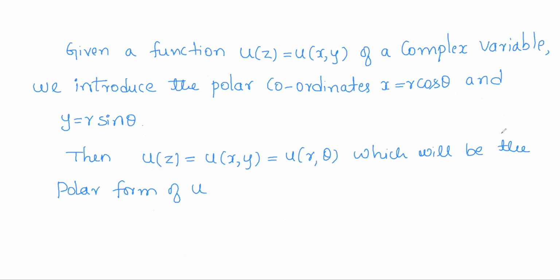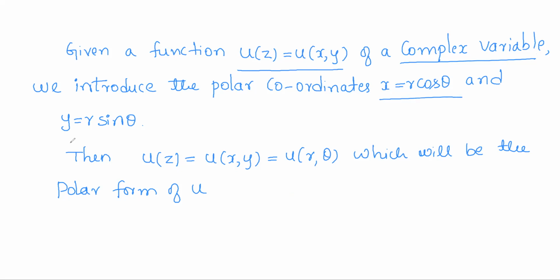Now we shall apply that concept to functions. Consider any function u of a complex variable, that is, u is defined for complex numbers, so u of z, right? So u is a function of a complex variable. A complex number z means it will be a function of x and y, that is, real and imaginary parts.